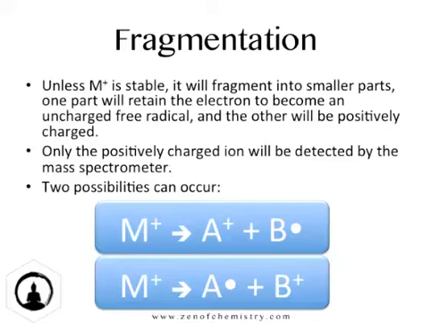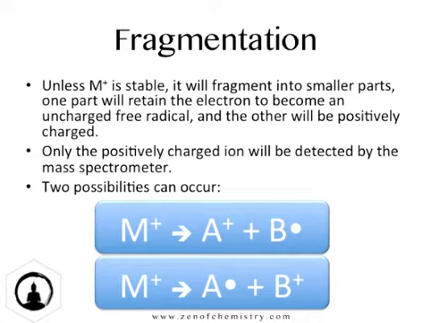So from there, our molecular ion, depending on how much energy that incident bombarded electron has, will determine how stable that molecular ion is, and also it's reliant on what that molecule actually is.